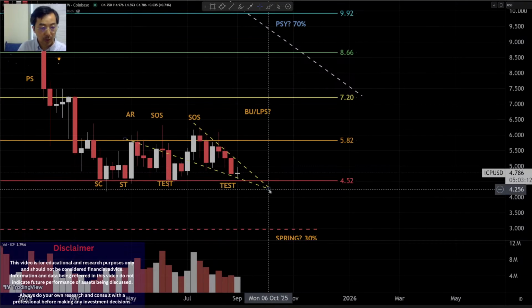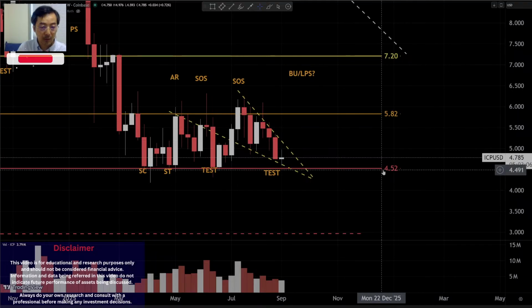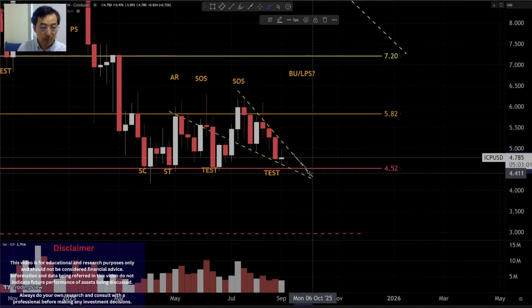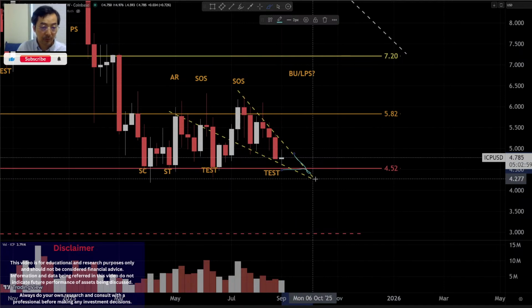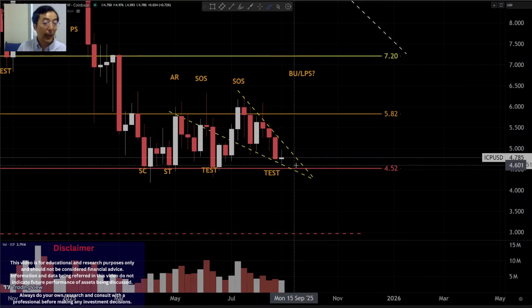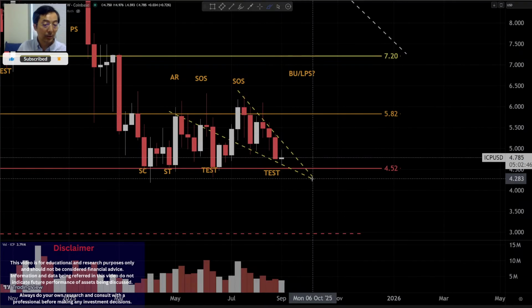the tip is pointing towards the first week of October. However, if we also take a look at this key level 4.52, there is a triangle over here that happens before the tip. So that's somewhere around the end of this month. So the third week to end of this month, a breakout would happen before this point, before it even reaches the tip.